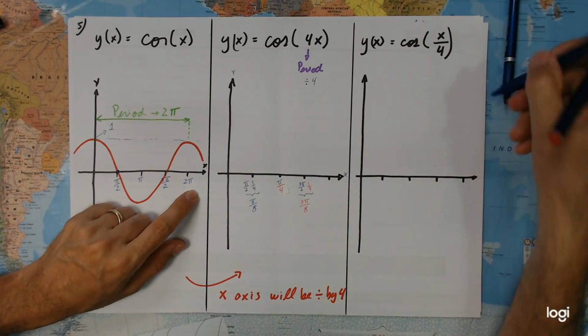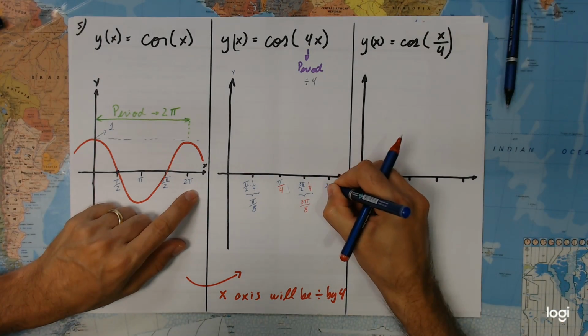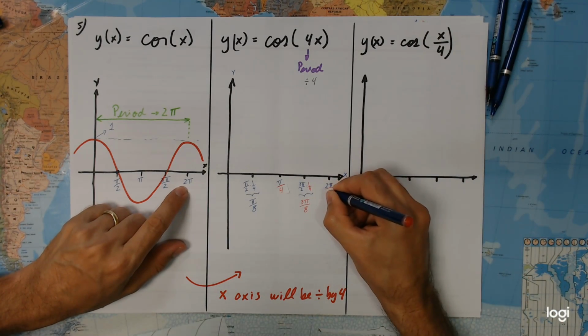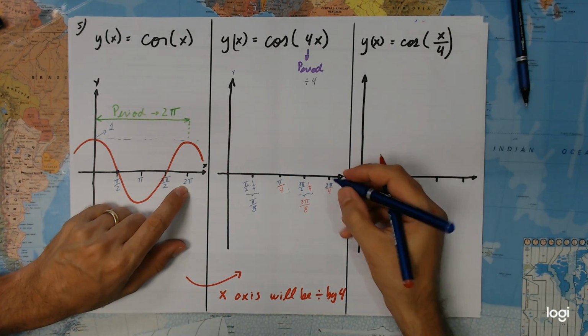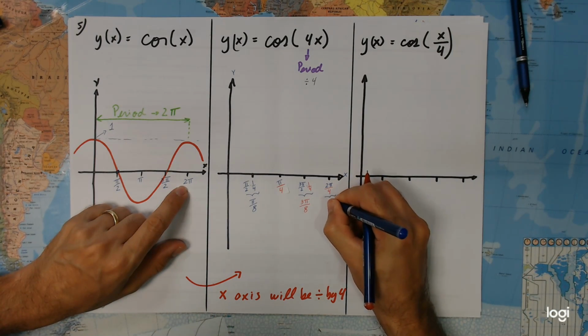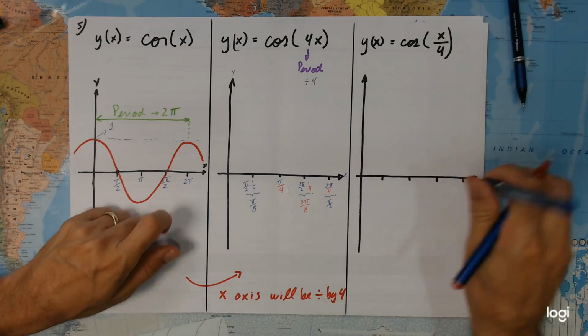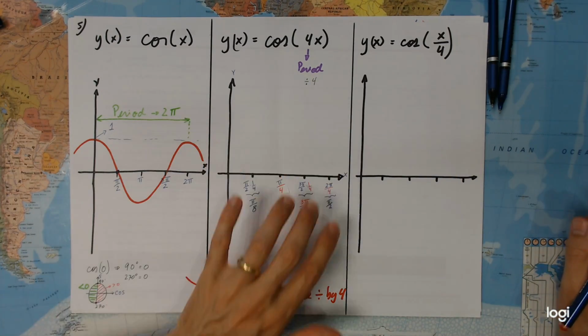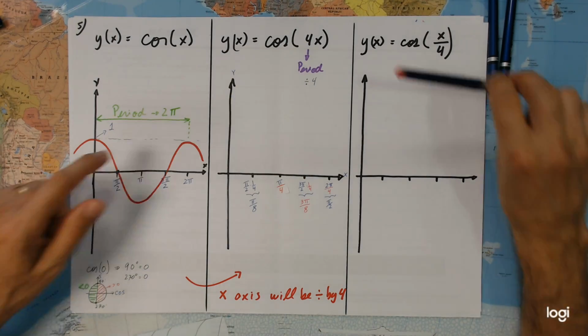And if this was 2 pi, now it is going to be 2 pi divided by 4, which is the same as just pi over 2. Whatever is in here, I'm just dividing by 4 to account for this 4 in here.